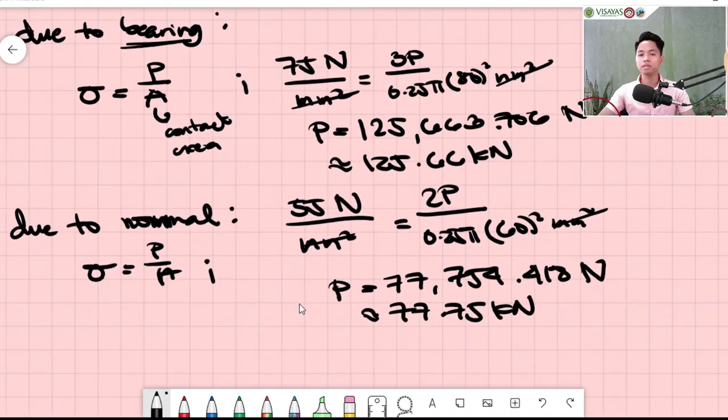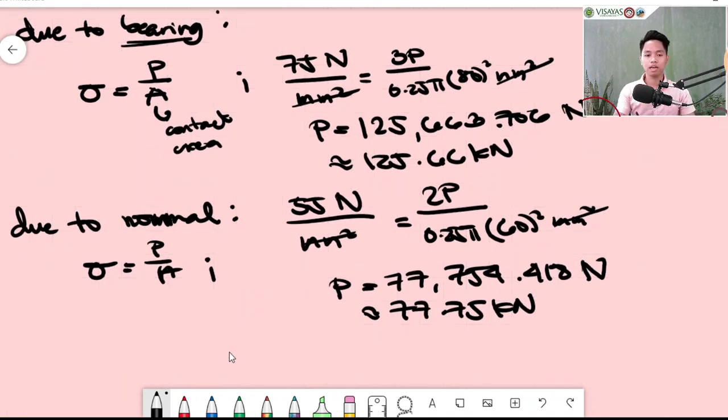So, to be safe, alright? If we design the area, you should always round up. But if you are going to design forces, you should always select the least force to be safe. So therefore, the force we will use here is the smaller one.